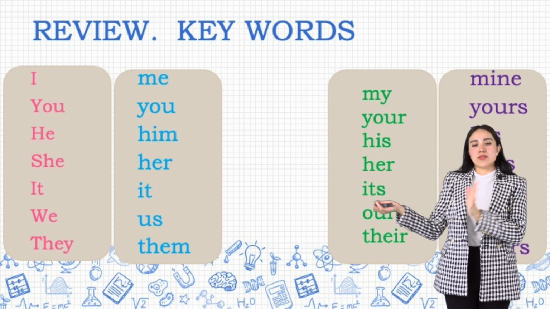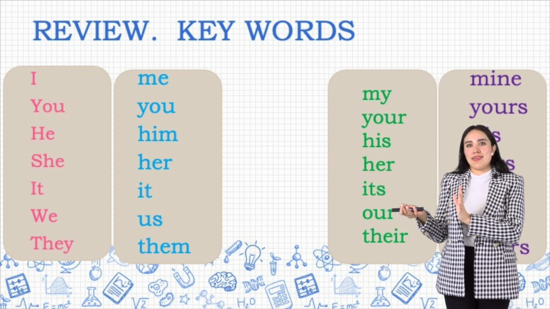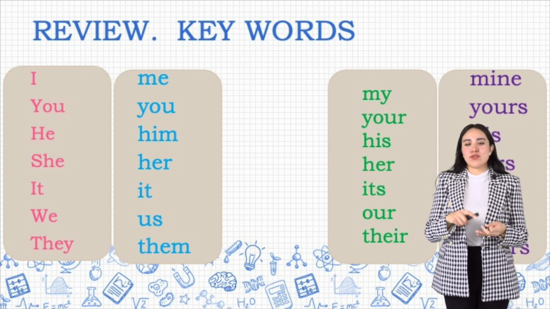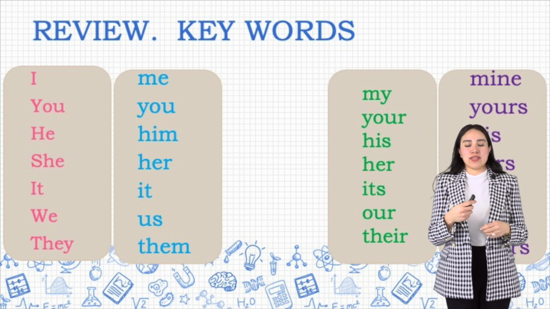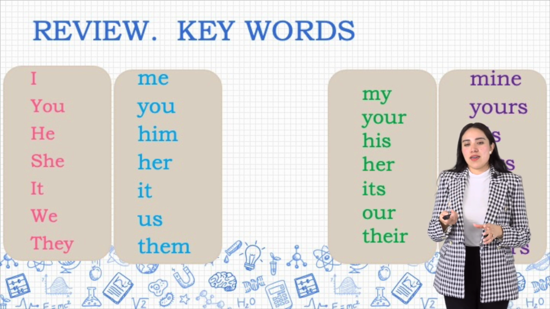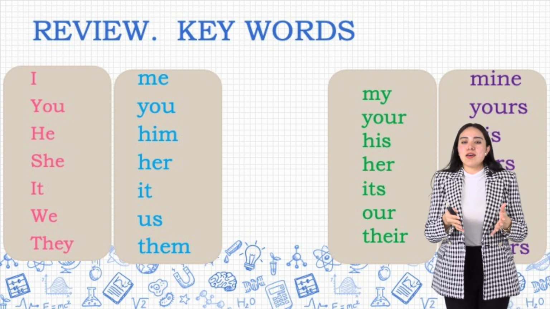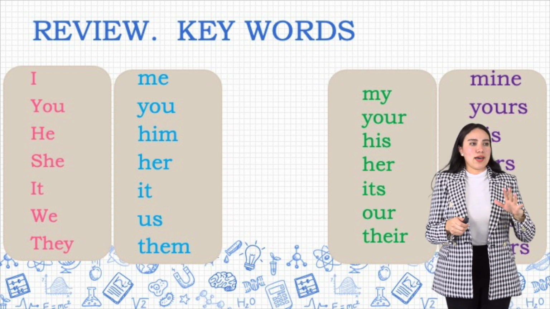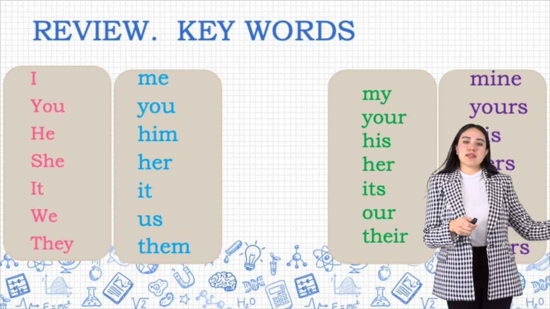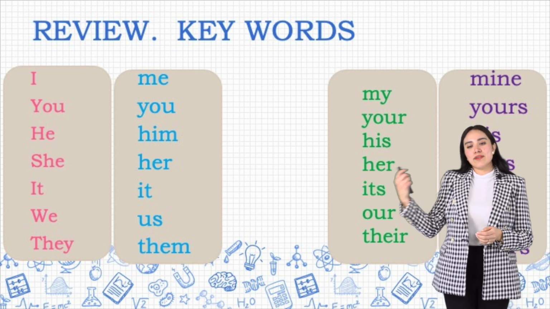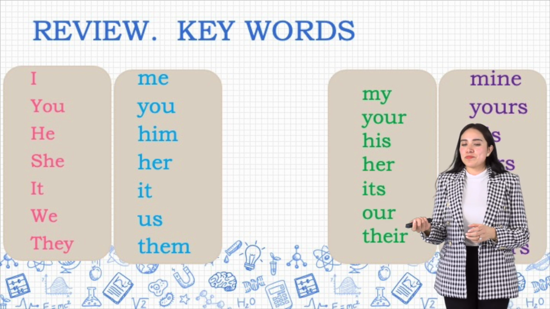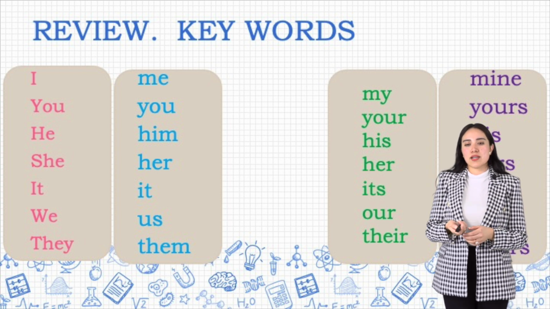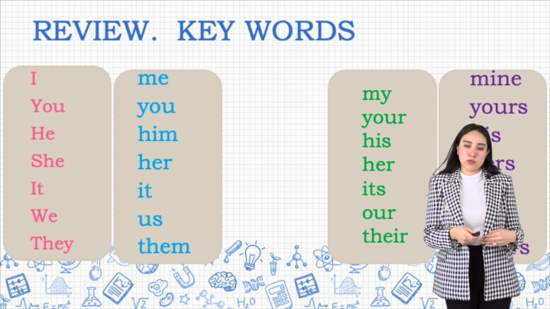And we have another two columns to mention possession, and we have my, your, his, her, its, our, their, and this is to mention possession, right? But we're going to use these words when we have another subject after them. And the following one is a little bit different, because in this case we don't need a subject after these words.